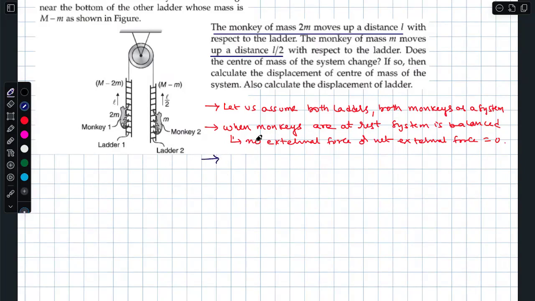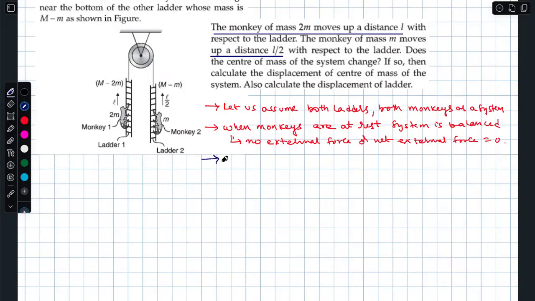Now when a monkey starts moving up, this monkey pulls the respective ladder in the downward direction. And this increases the tension in the string. Let me write this as a separate point. Why? Because today you will hear, tomorrow you may forget.